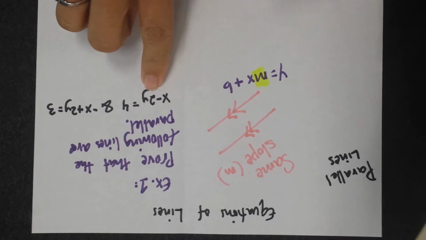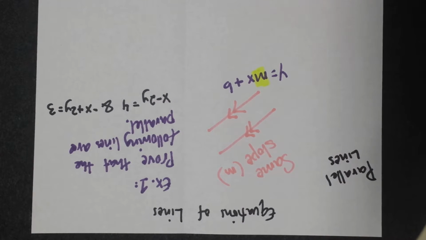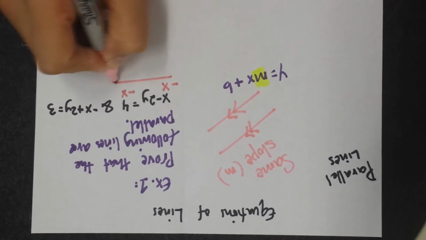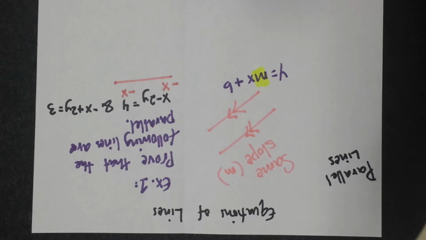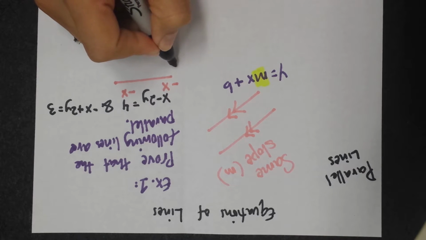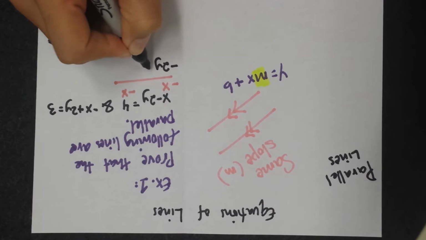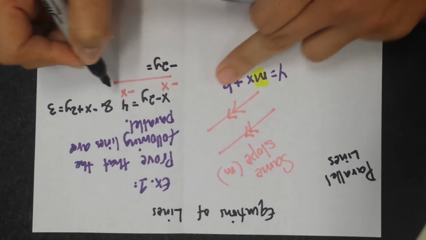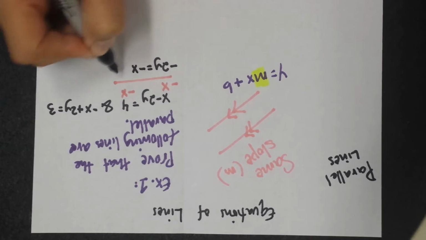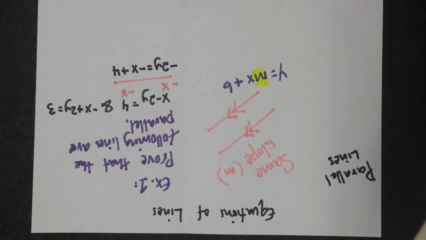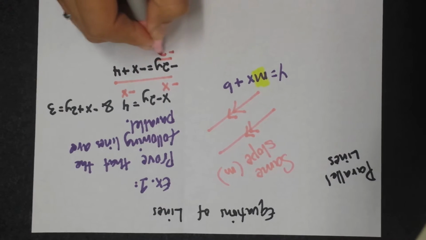Get y by itself. What's the first thing you need to do? Correct. Go ahead and subtract x from both sides. When you subtract x from both sides, you're going to be left with what? Negative 2y equals, and I'm just going to put the negative x first because I want my x first and then my b second, so negative x plus 4. Now what are you going to do? Good.